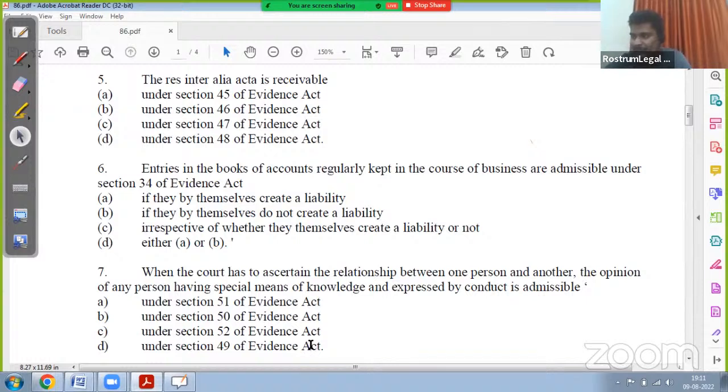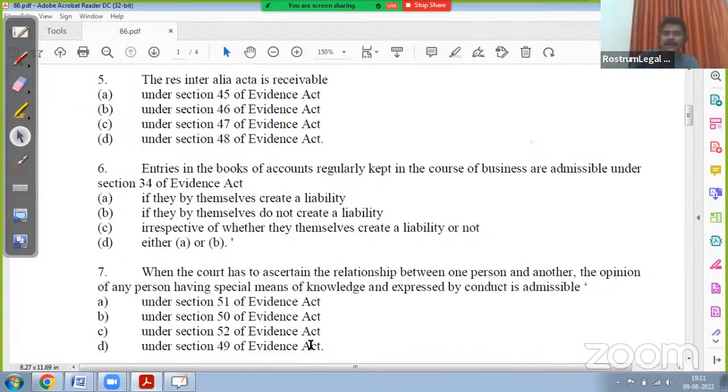Inter alia acta is admissible, ठीक है, under which of the following section of Indian Evidence Act? Section 45, section 46, section 47, section 48. What should be the correct answer?